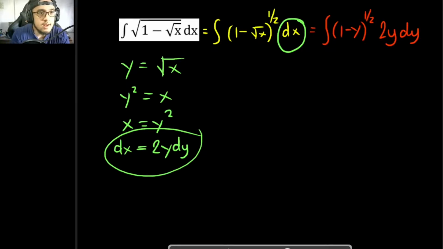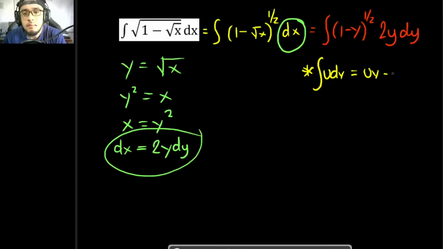So once again, integration by parts can be written as: the integral of u dv is equal to uv minus the integral of v du. Once again, a reminder, guys, that this is not the only method wherein you can solve for this. This is just one of many.